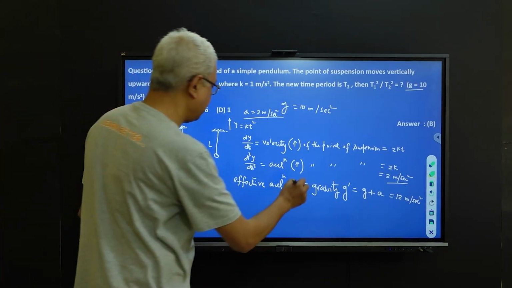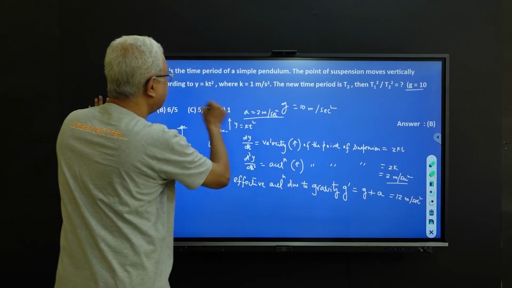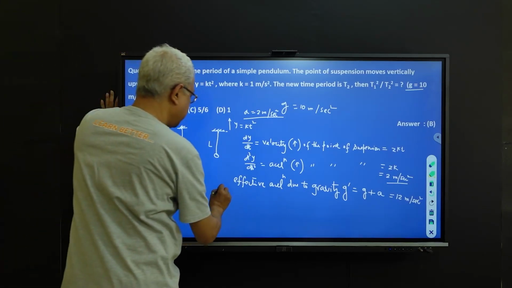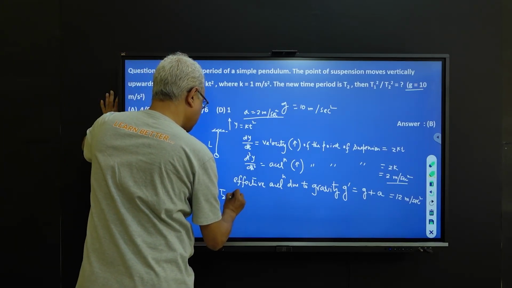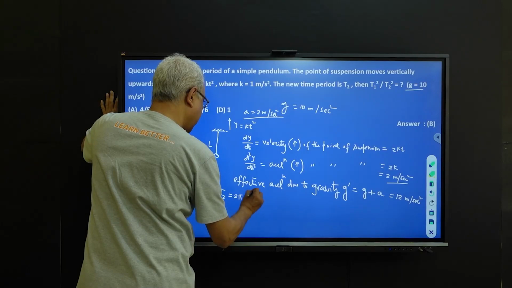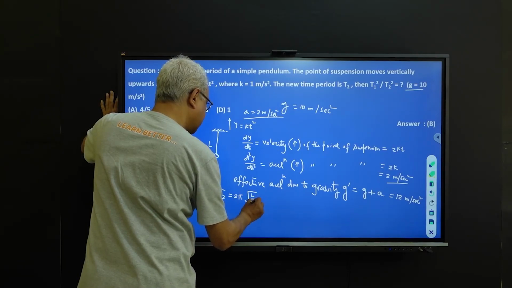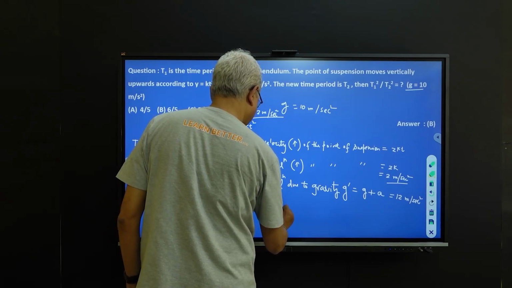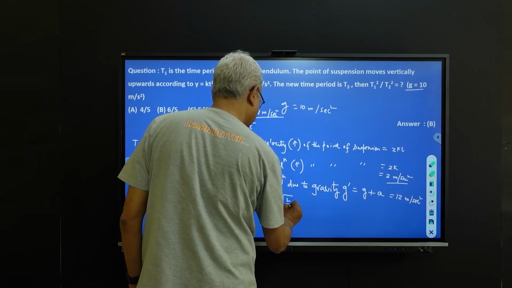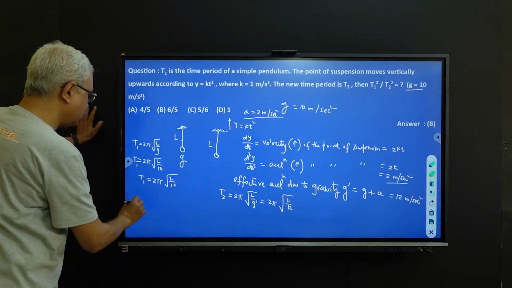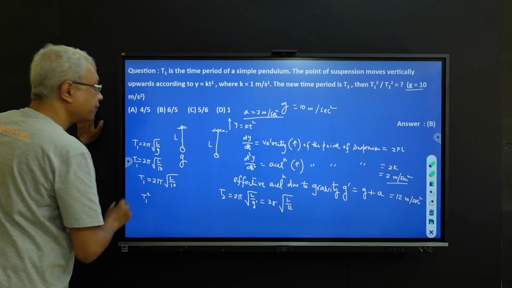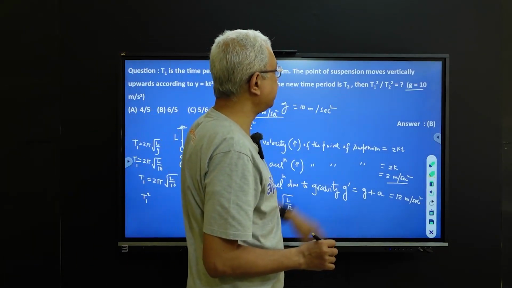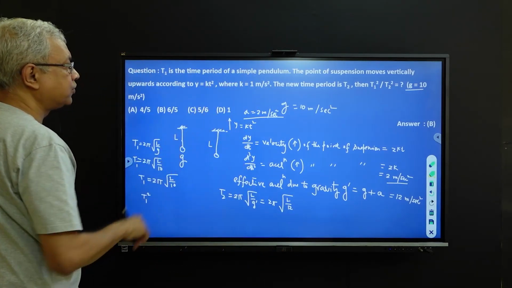Okay, so now what is the period of oscillation? So T2 is 2 pi root over L by g dash, that is 2 pi root over L by 12. If the new time period is T2, then what is the value of T1 square by T2 square?